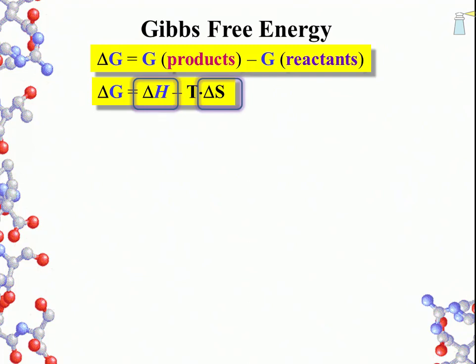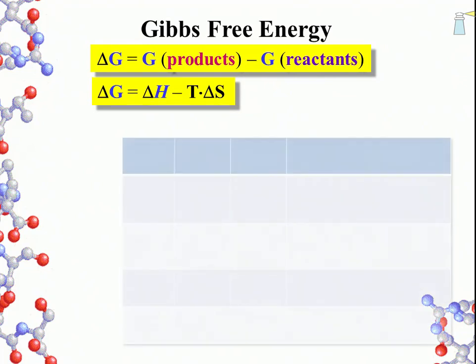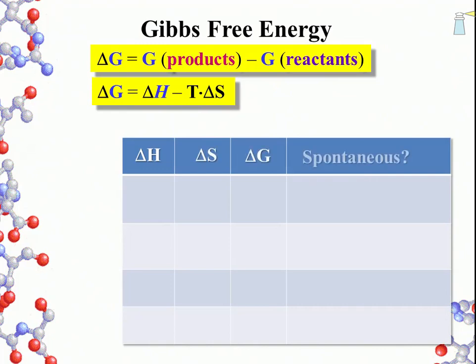So it's not as easy as saying that a reaction is always favorable if it's releasing heat, negative delta H, because there is still the disorder factor to consider. And let's not forget the negative sign and the temperature, T. There are a lot of moving parts on this one, so a table that contains the energy terms and their connection to spontaneous will be helpful in providing some understanding.